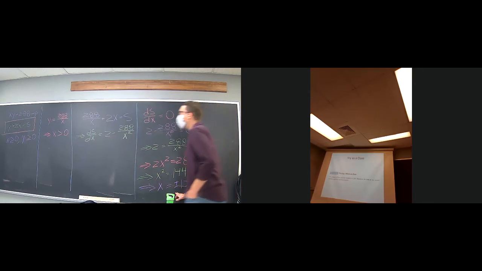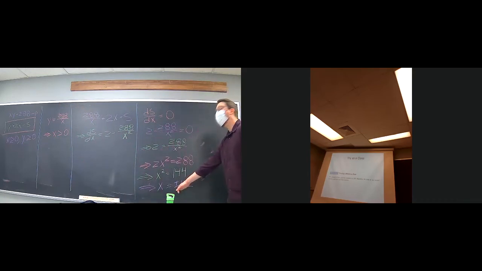Going back to our initial setup, we know that x has to be greater than 0, so we can eliminate the negative value automatically. All of this is to say that x has to be equal to 12.